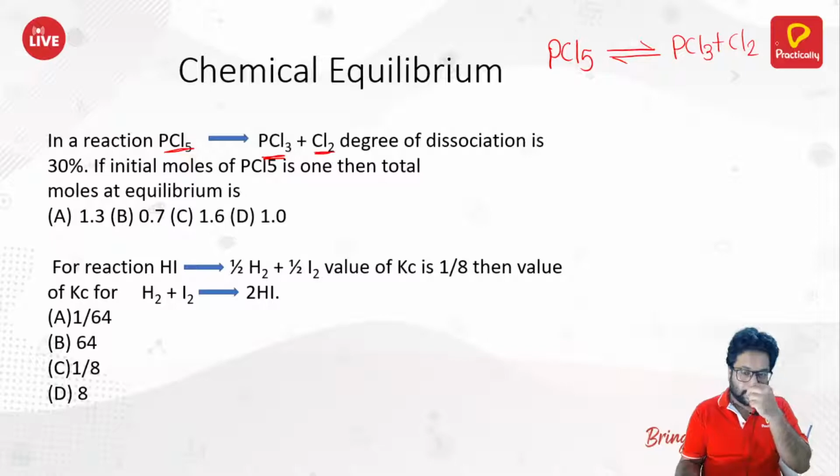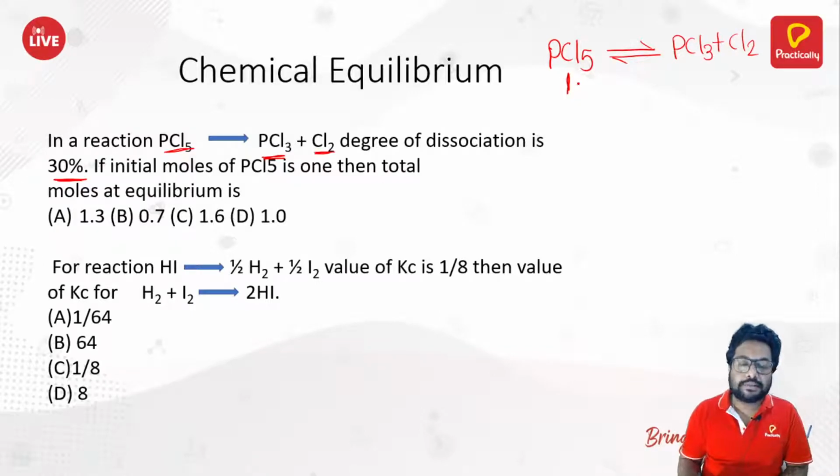Now what they're saying, the degree of dissociation is 30%. That means 30% of the reaction has proceeded. Suppose we started with 1 mole of PCl5.